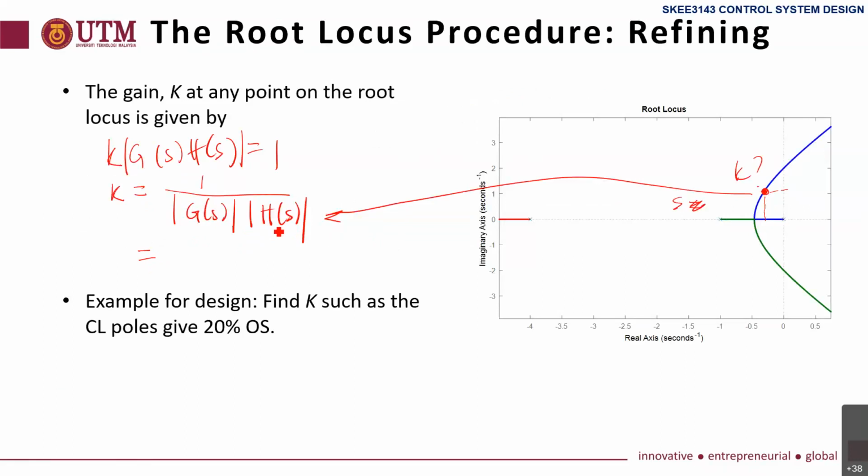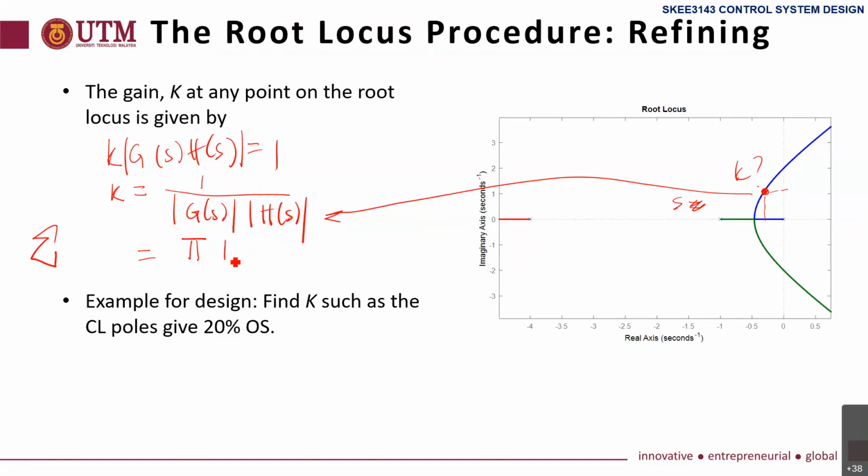Then we invert it, one over, and it is actually the symbol of pi. Capital pi means we multiply all. This is the symbol of sigma, which is adding. This, in contrast, is multiplication.